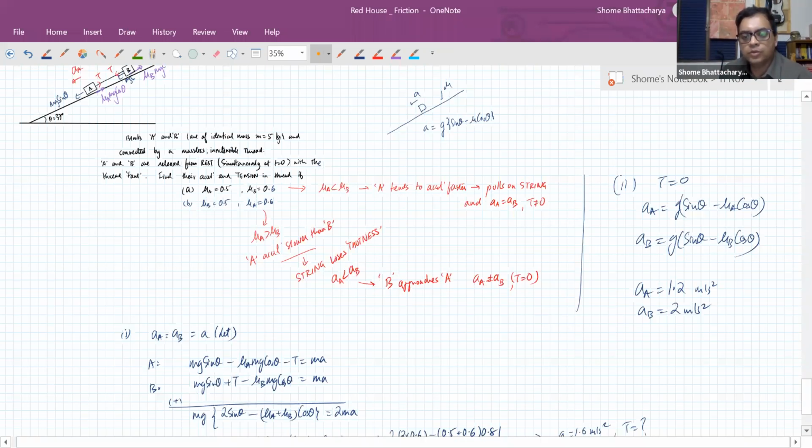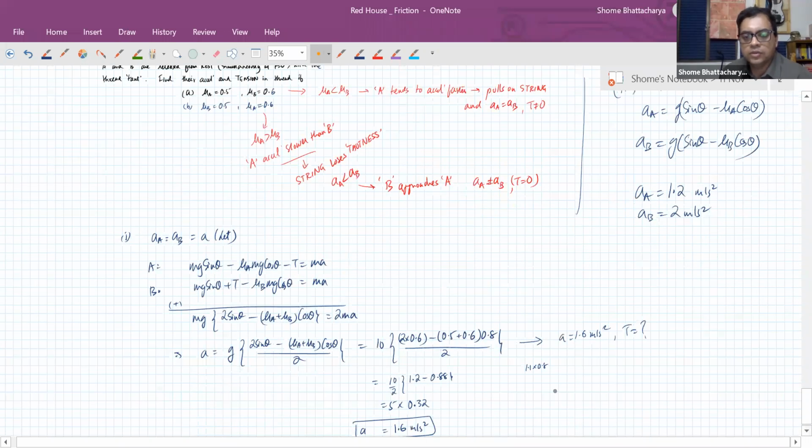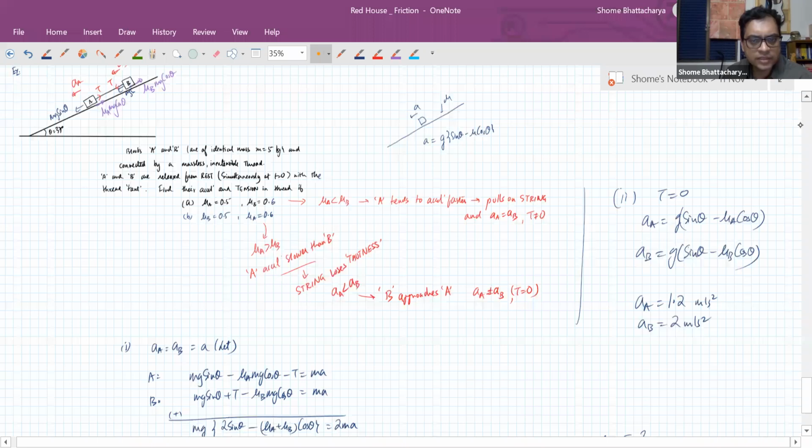Okay, people, so hope both the parts of this question are clear to all of you. And the value of the tension here looks like it is 2 newtons. Just verify that later also. We have to just substitute the value of a back in one of the two equations. But shouldn't it be like 20 newtons instead of 2 newtons, because the mass is 5 kg, no?